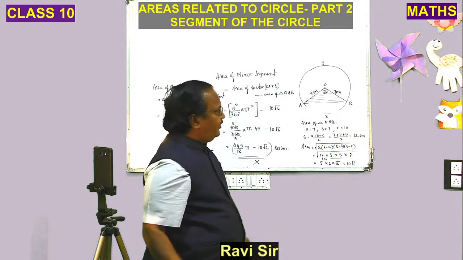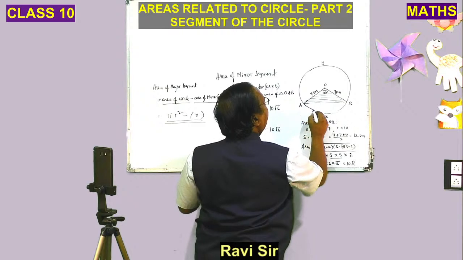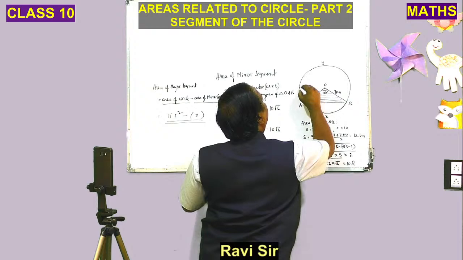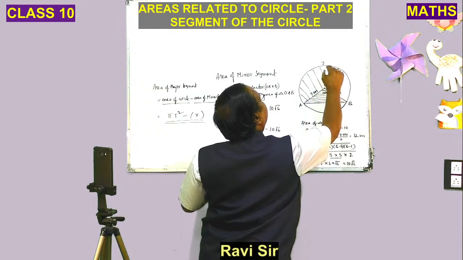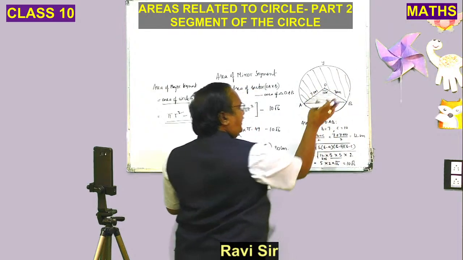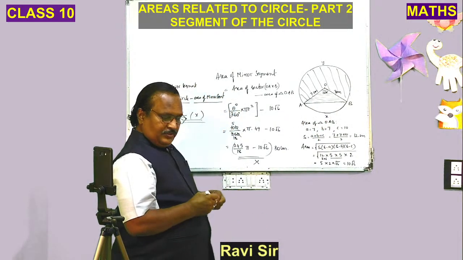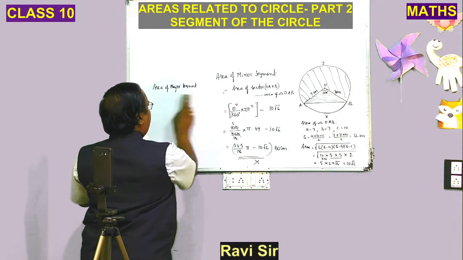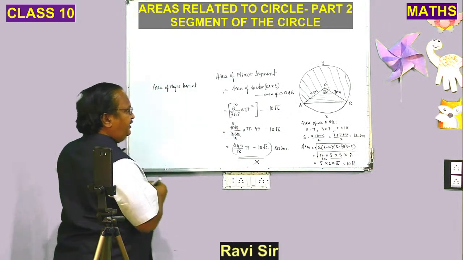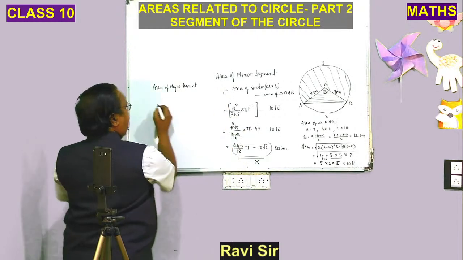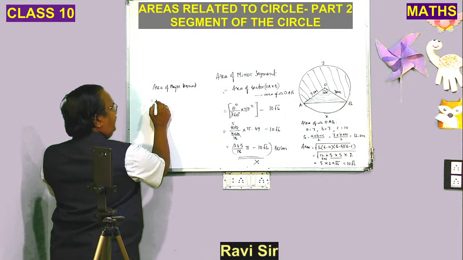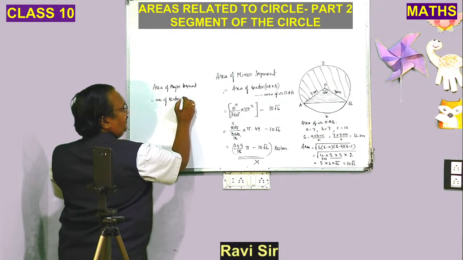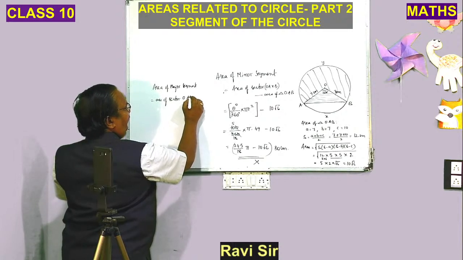So, at that time what you have to do, you know, okay. So, area of the major segment means both shaded regions. So, how to find the area of the major segment? Very simple, if you do not need this, then how will you get the area of a sector, which sector? OAYB.